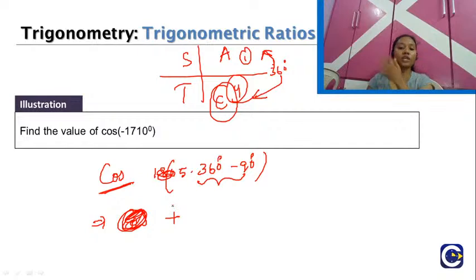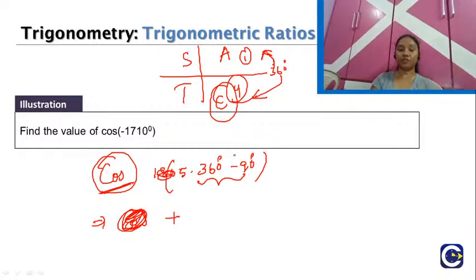Now we have to check whether there will be a transformation of our trigonometric function or not. I have already explained this quadrant system clearly in previous sessions. If you have anything in multiples of 180 or 360, then there will be no transformation. Here it is a multiple of 360, so there is no transformation.